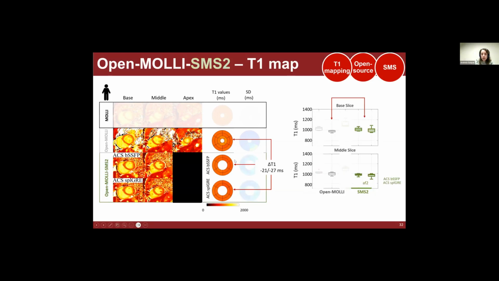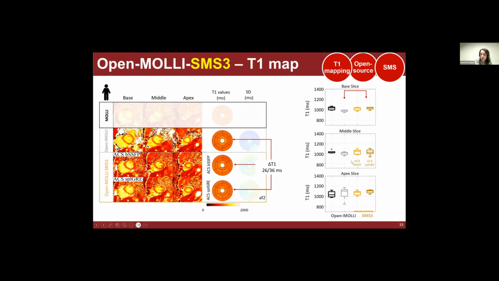And if we look here, the dispersion that we see is also a little bit wider, but in terms of mean values, they are very similar. And here, we can also see that the acquisitions with the auto calibration with balanced steady state precession and spoiled gradient echo are not that different between them.